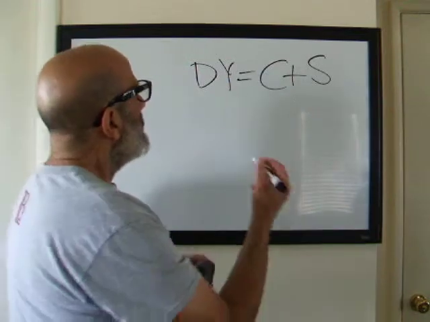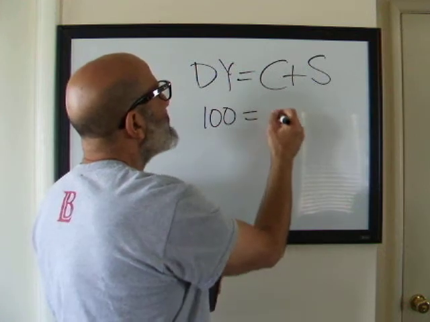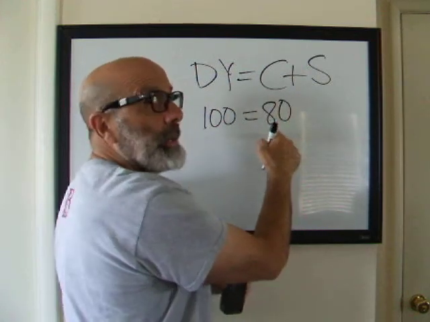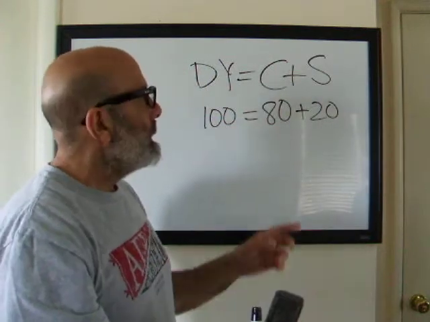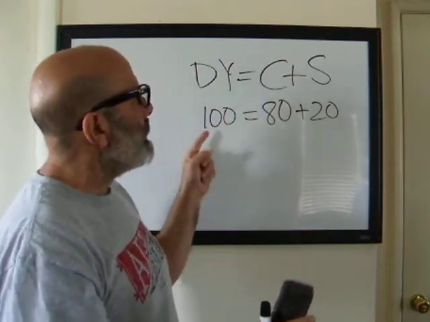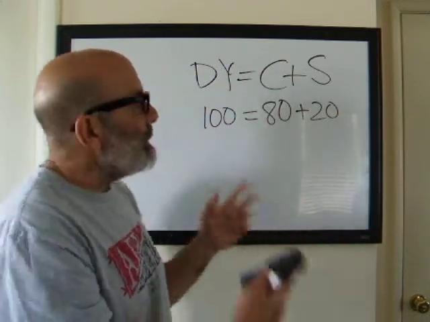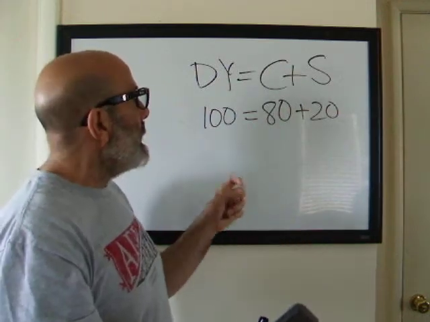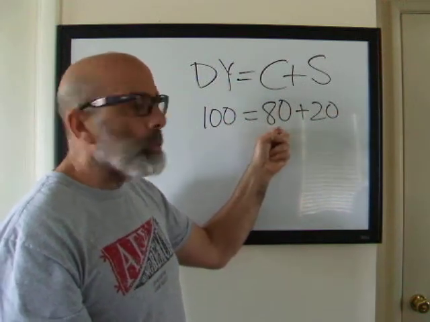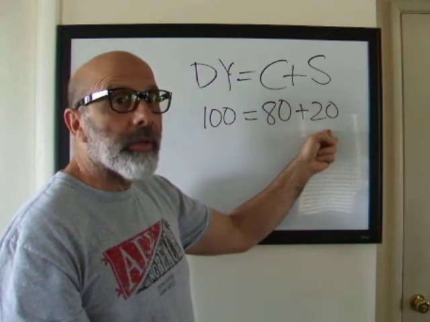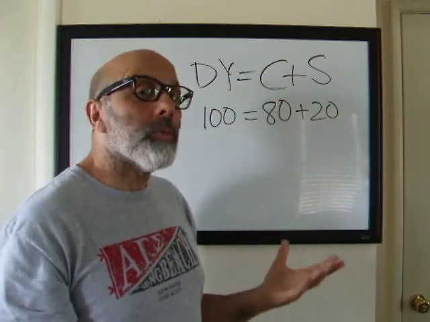So for example, if my disposable income was $100 and I consumed 80, it would mean that I would have to save 20. So the total of the disposable income has to be the sum of all your consuming and saving. Another way of looking at this would be, well, 100% of my disposable income, 80% of it was consuming and 20% of it was saving. Hey, that's MPC and MPS right there.